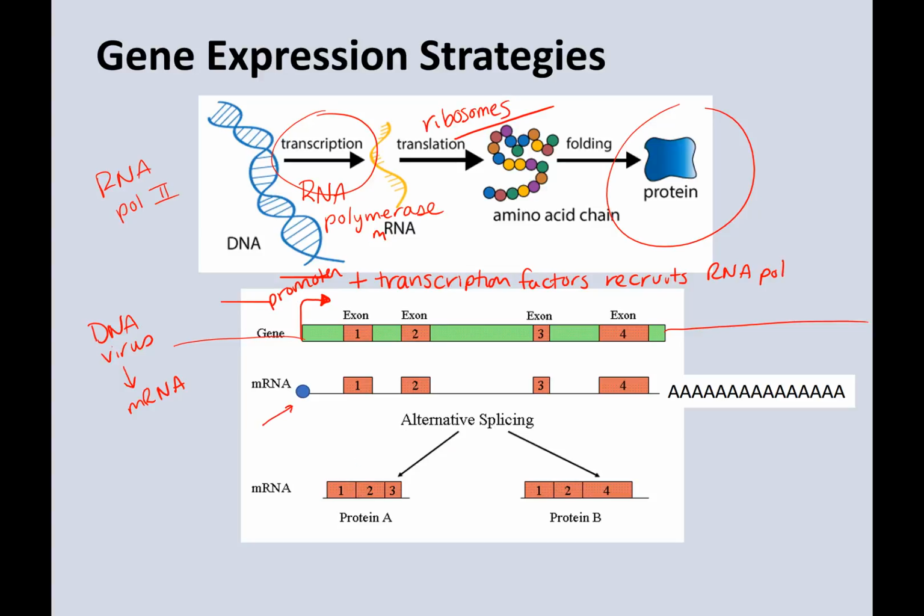RNA polymerase makes sure there is a 5' cap and a 3' polyA tail on all mRNA.